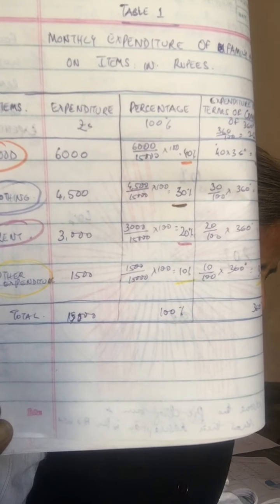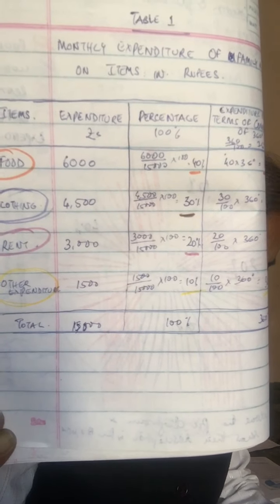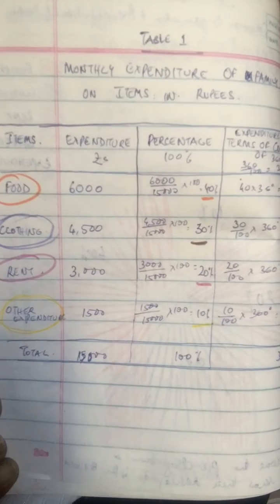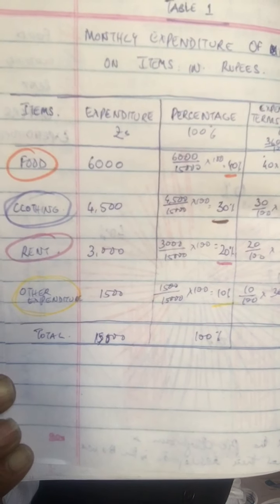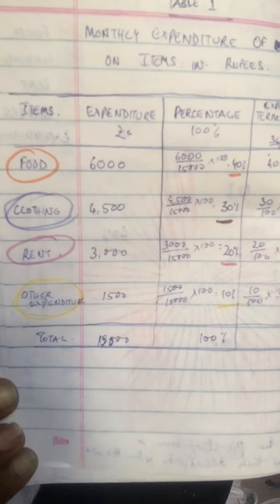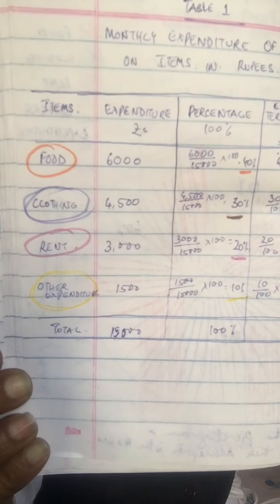So and so on. In the first column are the absolute values, the absolute expenditure, which is shown in rupees, and that comes to 15,000. In the second column you see percentage. So how have we worked out the percentage? I've given it out there. So that comes out to be 100%.